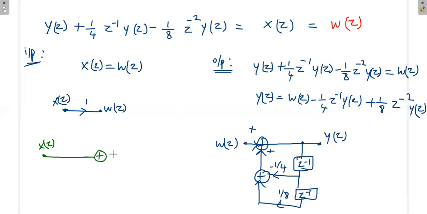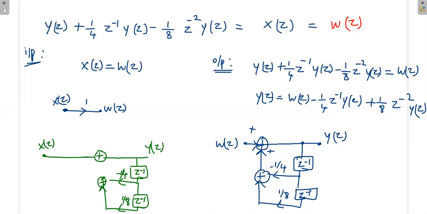Once you combine these two, it looks like this. Okay, so this is the direct form 1 realization for the given function.